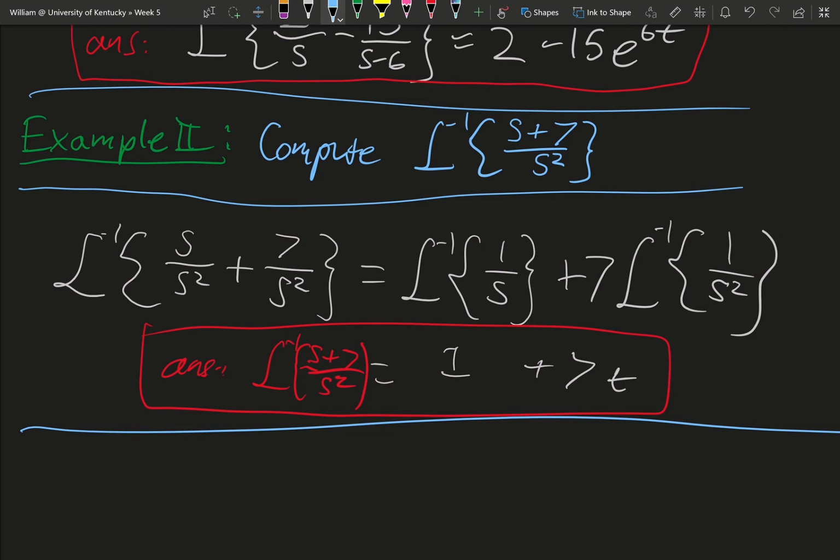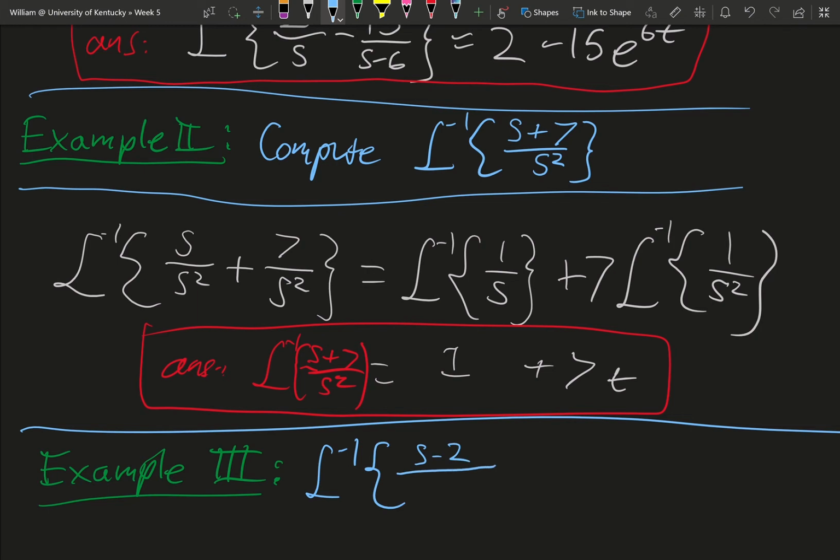Okay. Do one more. This was the most complicated one yet. So we're going to compute the inverse Laplace transform of (s − 2)/(s² − 6s + 5).